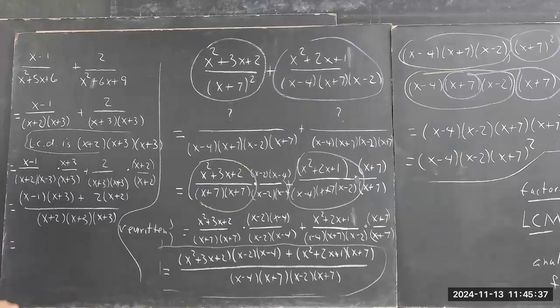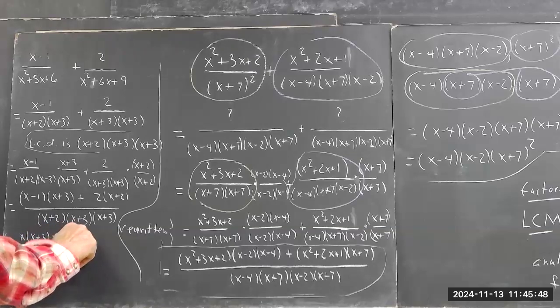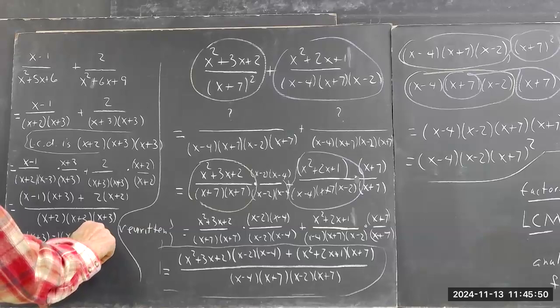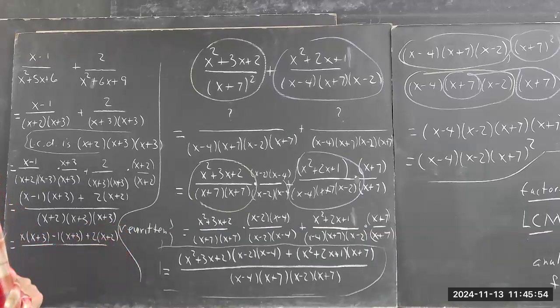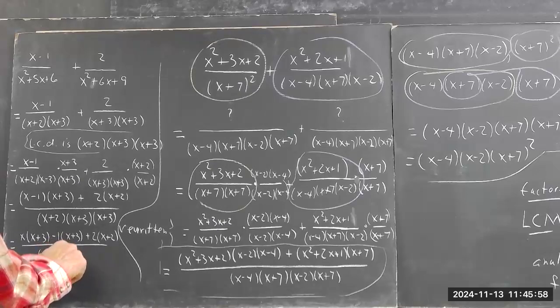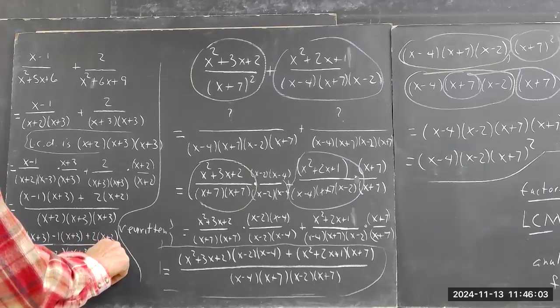What's that equal? Well, x minus 1 times x plus 3 is x times x plus 3 minus 1 times x plus 3. And then we have 2 times x plus 2, all that over the entire denominator, x plus 2 times x plus 3 times x plus 3.